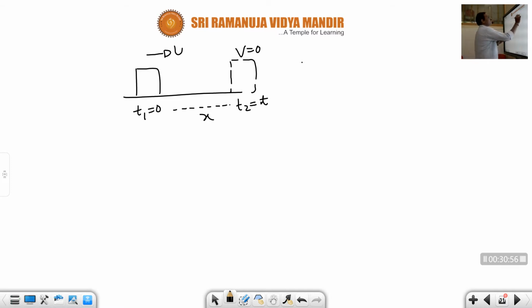Then using the formula v = u + at, you can solve this question. Final velocity 0 is equal to u. Retardation is nothing but μg, so we get μg into time t.